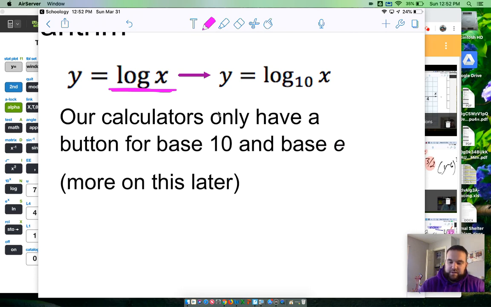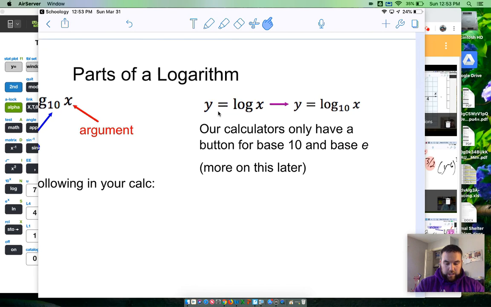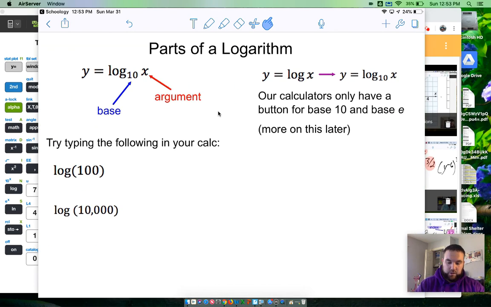Right, if you see x, you can assume that's 1 times x, or last chapter, if you saw a radical with no index, you could assume it was the square root. In this case, if you ever see log written like that, we will assume it's base 10. And if you don't write a base, then I will be assuming that you're working in base 10. So make sure that you pay attention to that if you're not supposed to be base 10.